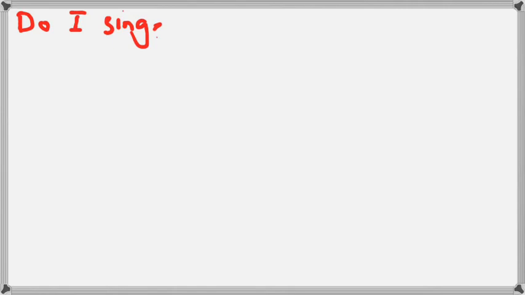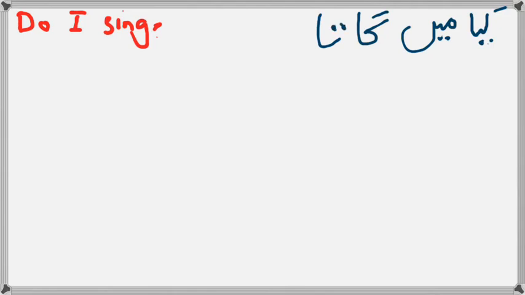In Urdu, we will say kya. Kya is used to ask a question. क्या मैं गाता हूँ. So we would be using ta, ti and te. क्या मैं गाता हूँ for first person.